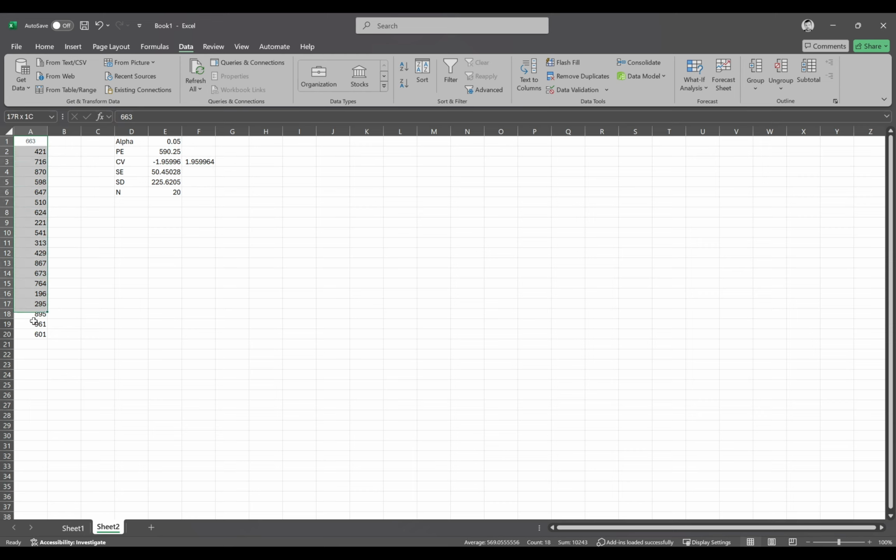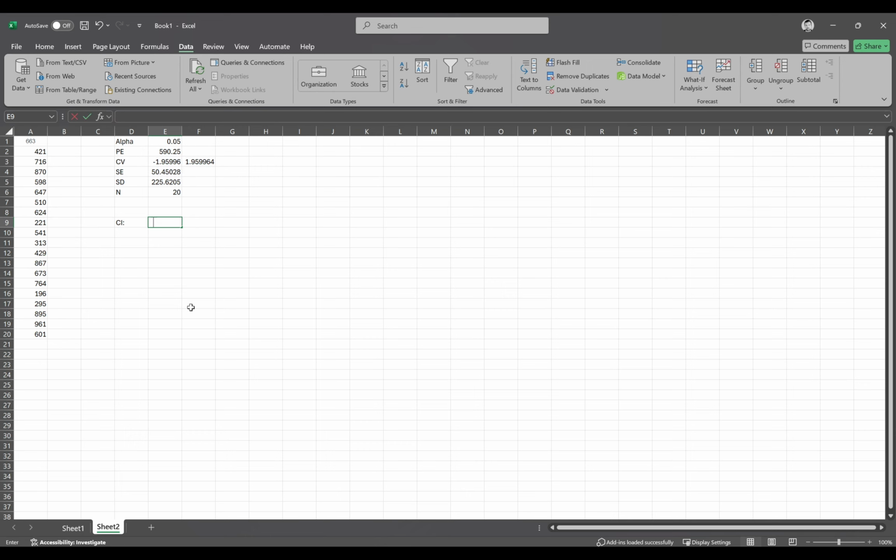I'm kind of just copying and pasting the data over it and just redoing these calculations based off it. It's a standard deviation and a sample size, and these give me the standard error. The point estimate is just the average, and the critical value is just based on that alpha level. And so we're just combining these components to help make a decision or create a reasonable range of values.